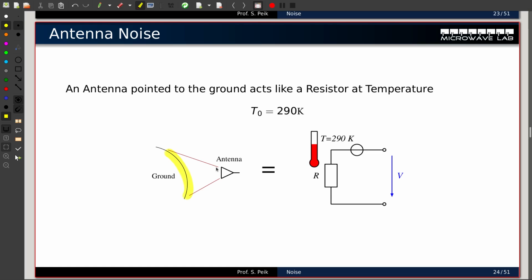Since the ground is roughly at 15 to 20 degrees Celsius, in Kelvin this is about 290 Kelvin. 290 Kelvin is a normal noise temperature for any object on the ground. That's what engineers agreed on. So this antenna behaves exactly as a resistor at 290 Kelvin, producing the same amount of voltage fluctuation as a resistor at 290 Kelvin. That's why it's easy to model this antenna.